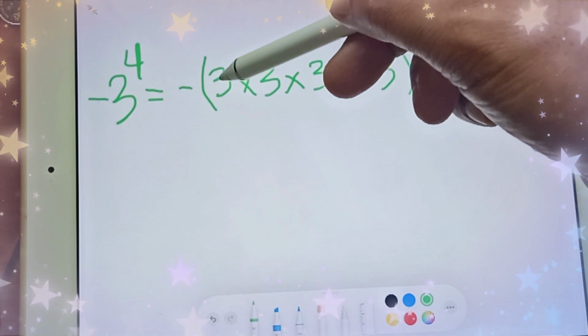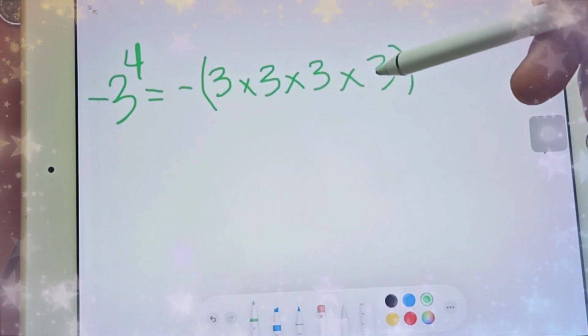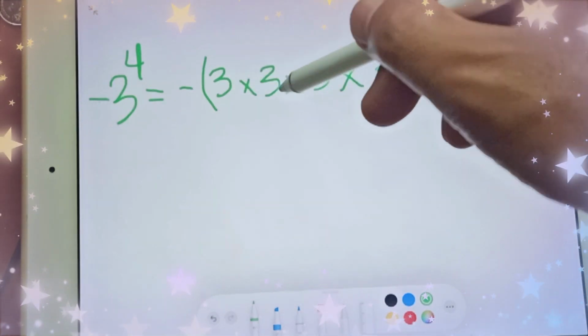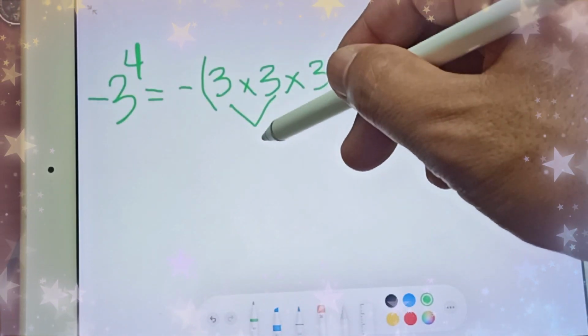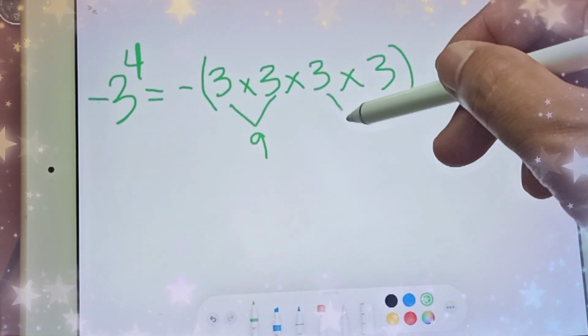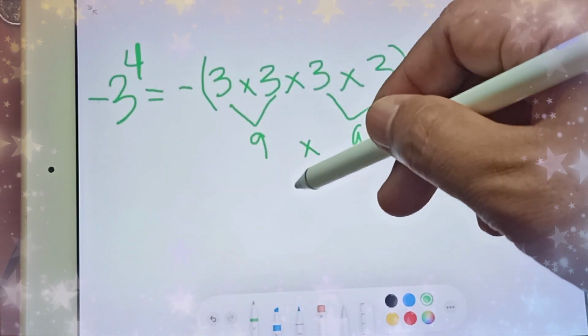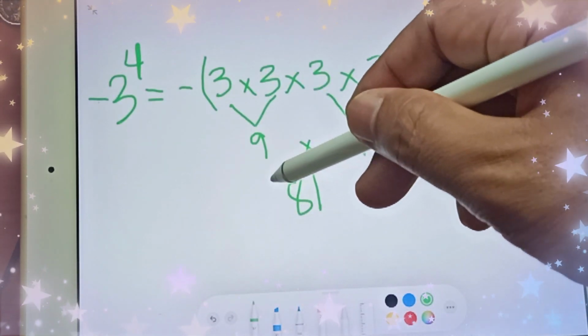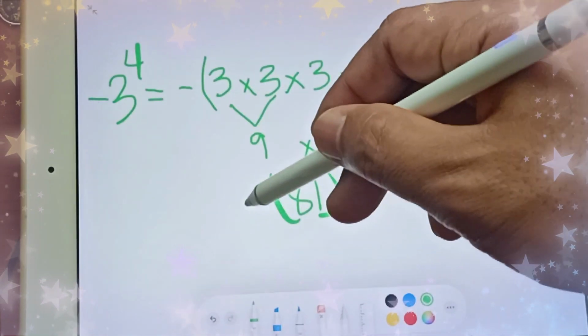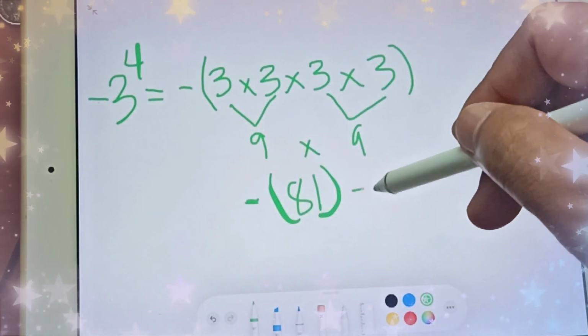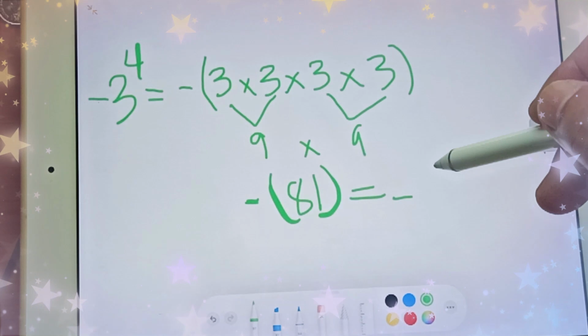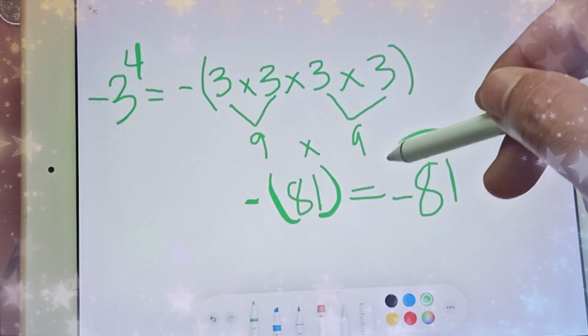So what is 3 times 3 times 3 times 3? 3 times 3 is 9, and 3 times 3 is 9, and then 9 times 9 is 81. But you have negative in front, so the final answer is negative 81.